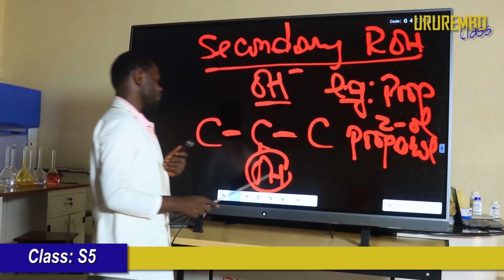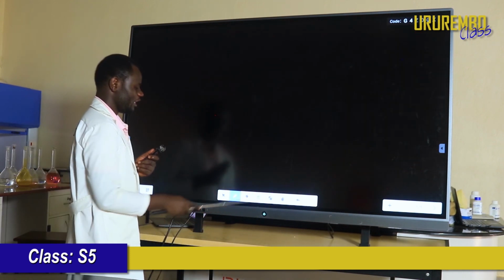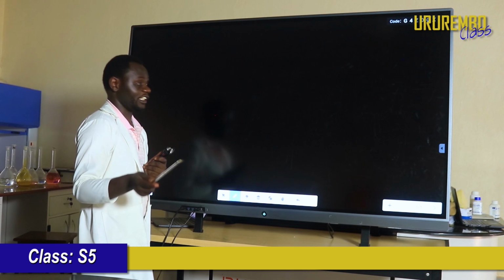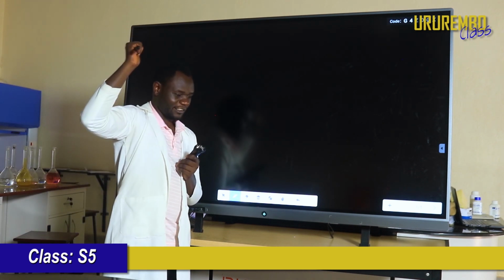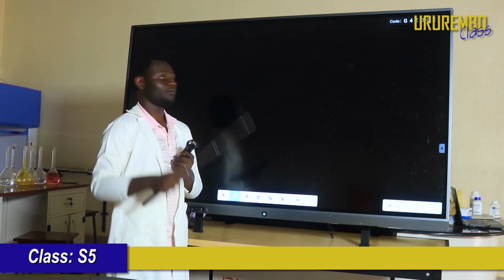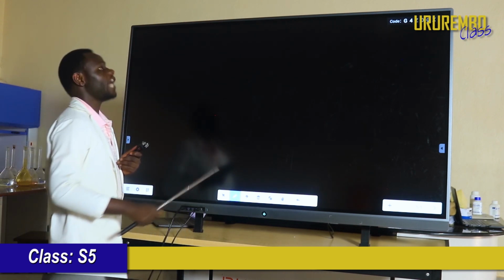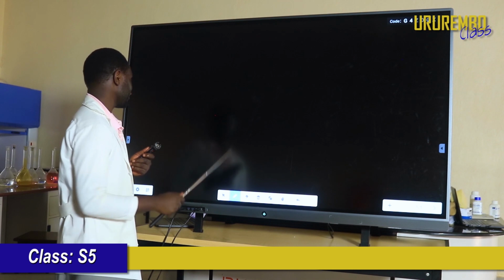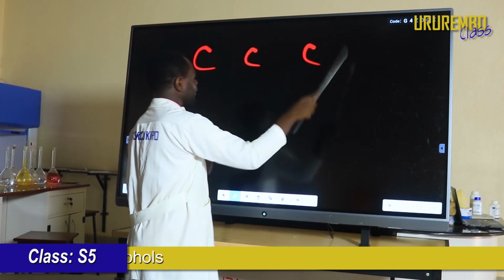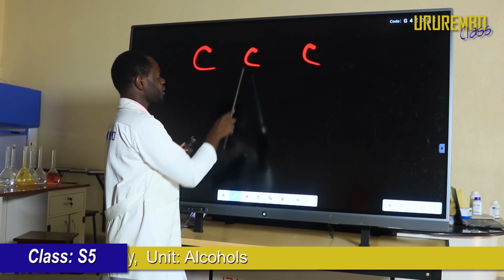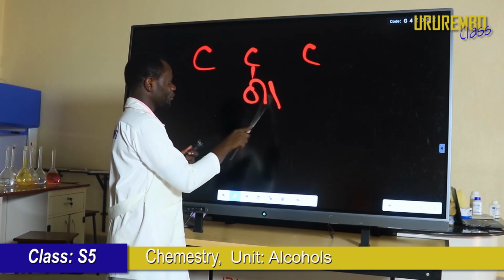This propanol carries a carbon that contains OH. As I said in the last session of alkyl halide or alkane, this carbon carrying OH is carbon number 2.